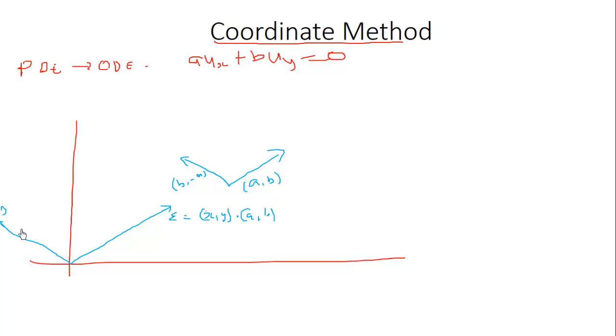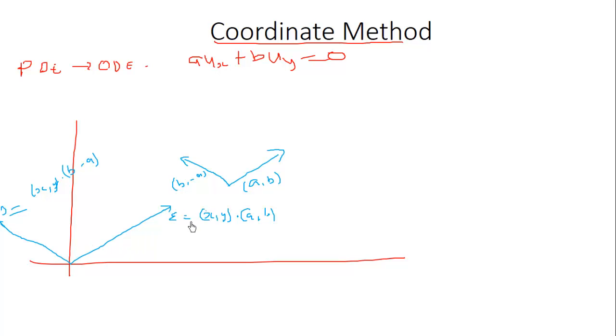Then we have eta being equal to (x, y) dot (b, minus a). So these two vectors are orthogonal.